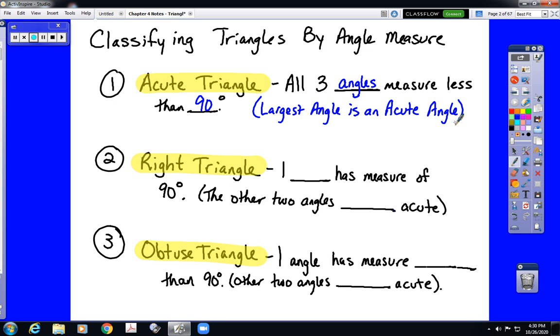In a right triangle, there is one angle that has a measure of exactly 90 degrees. Exactly one 90-degree angle, which means the other two angles must be acute angles. Okay, they must be. There's no other choice. What this means is that the largest angle in any right triangle is a right angle.